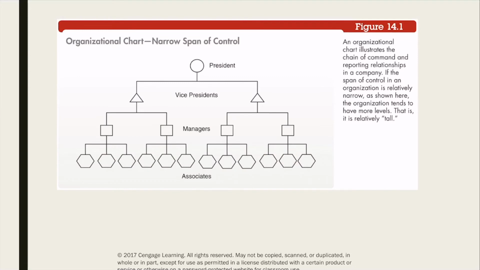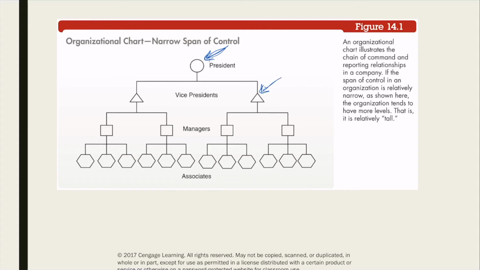Now, the organizational chart. This is an example of a pretty traditional bureaucratic structure. You have here the CEO, and normally every organization will have that. There's nothing unique or unusual there.